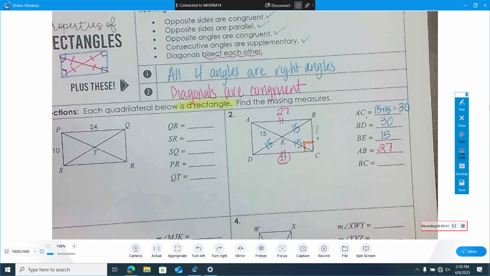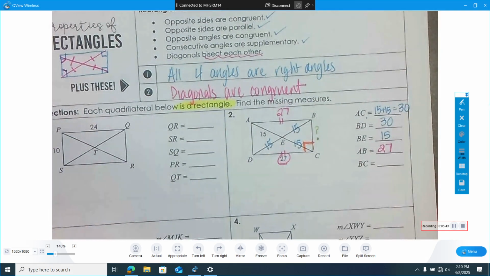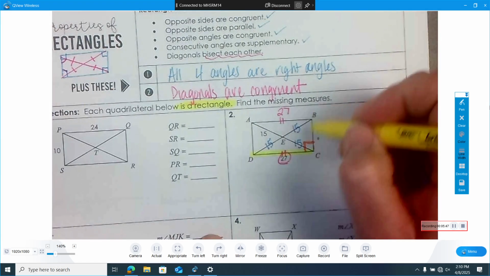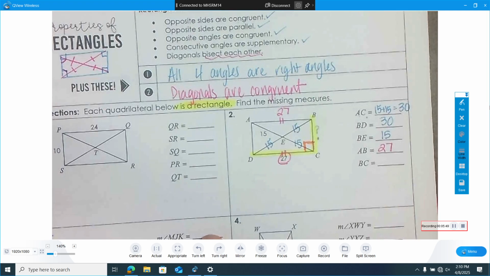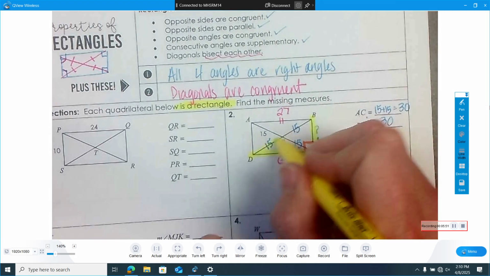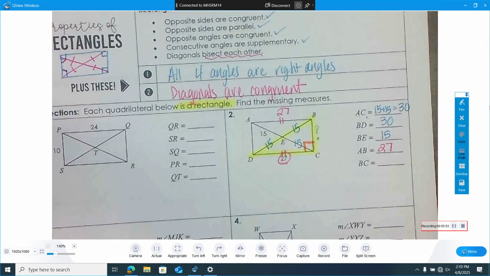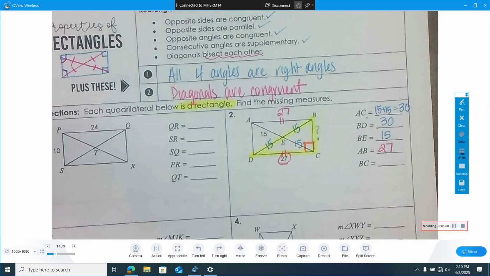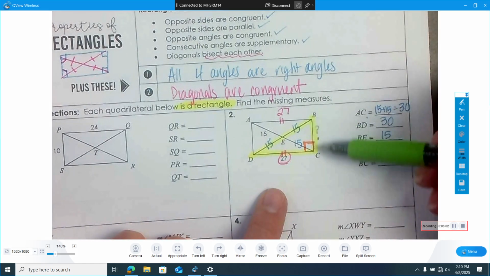Okay, but we have this side DC right here. We want to find BC, and we have a diagonal with a right angle here. So what do we need to do to figure out this side length? Maybe 13.